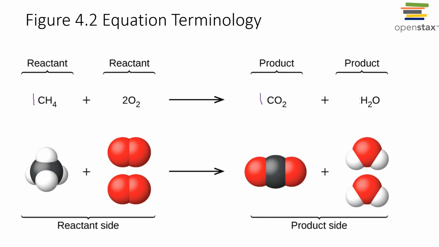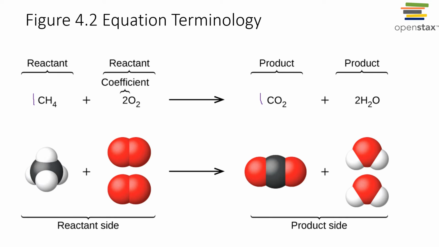I like for you to write these ones, or this 2 in that case. I like for you to write those ones to keep it from being confusing. You don't really have to do it, but I think it makes your life easier if you get in the habit of showing the ones.